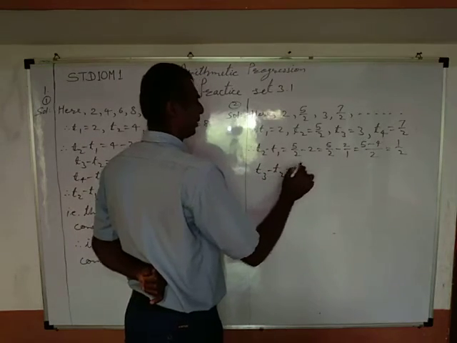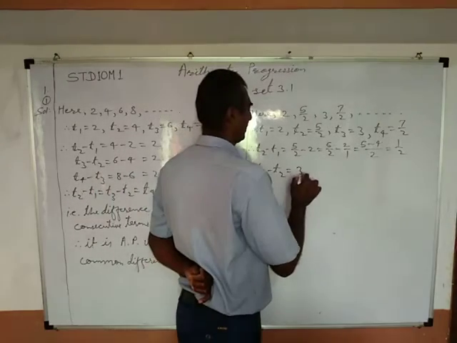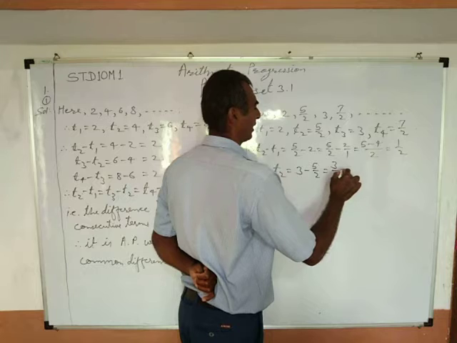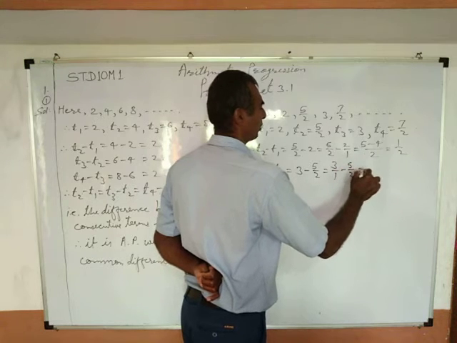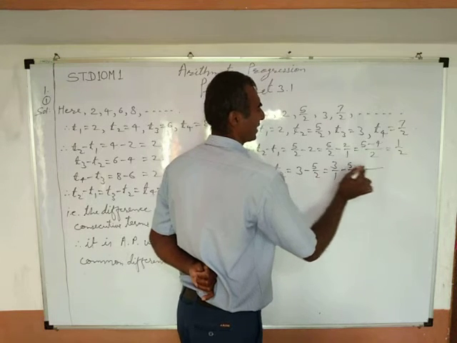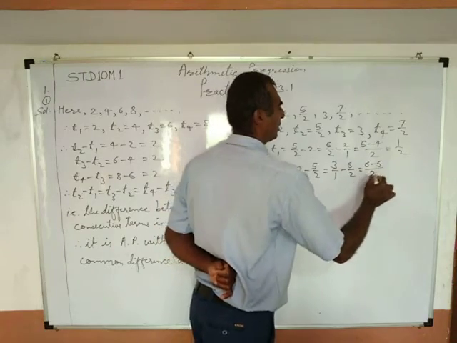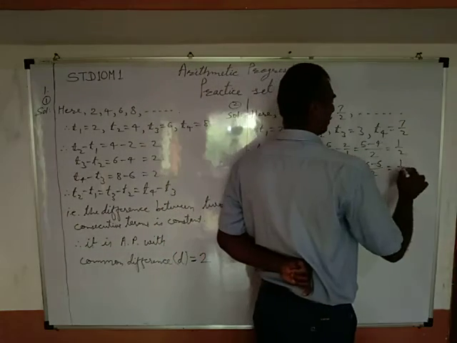T3 minus T2 equals 3 minus 5 by 2 equals 3 by 1 minus 5 by 2 equals, 2 threes are 6 minus 5, 1s are 5, upon 2, equals 1 by 2.